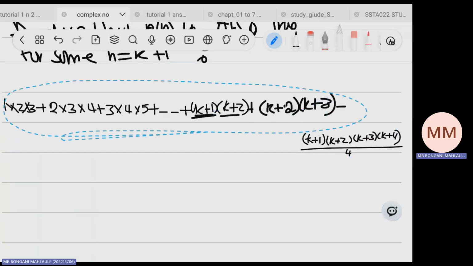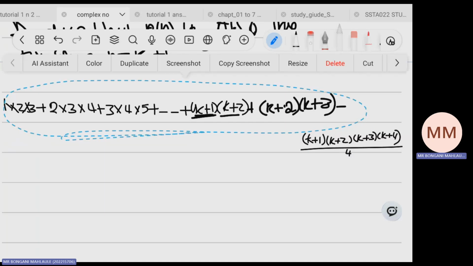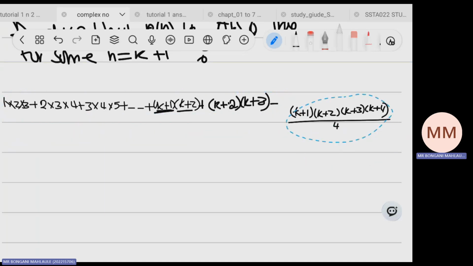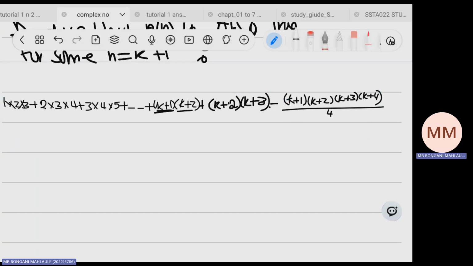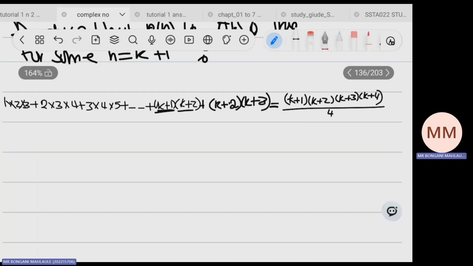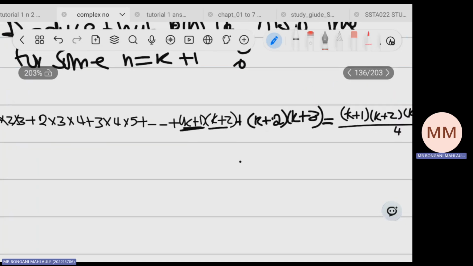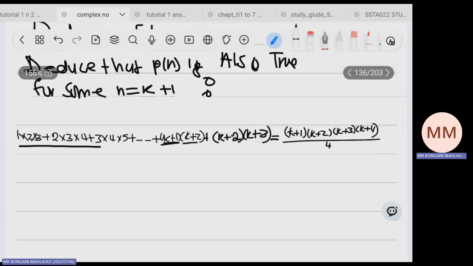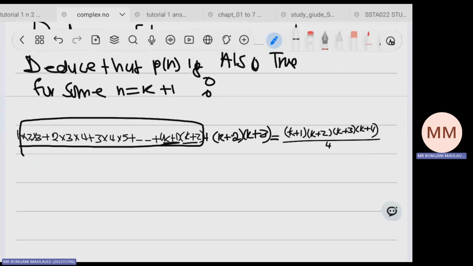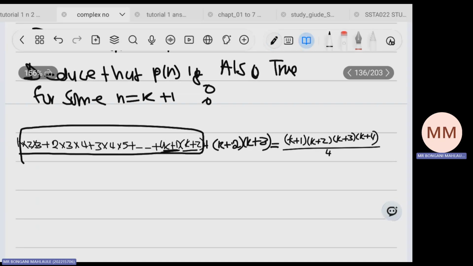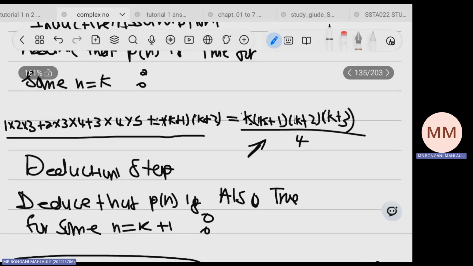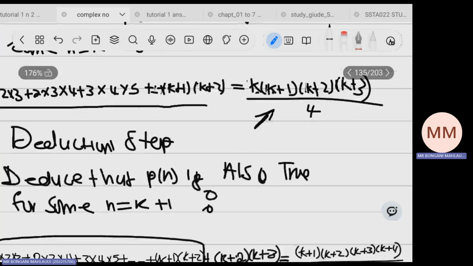I have to reduce this. So from the assumption, this part is equal to that, so I'm just going to copy it.